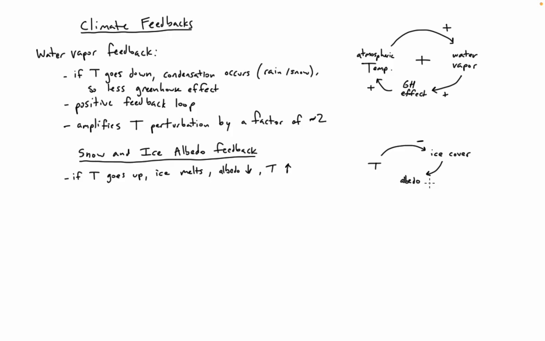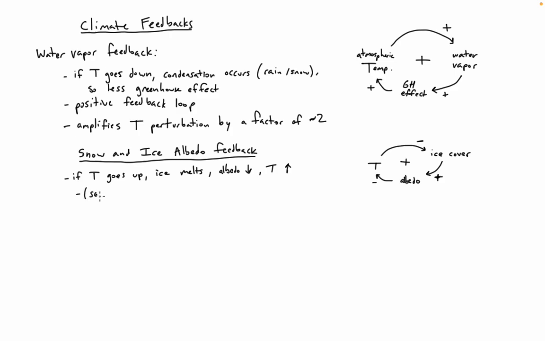Less ice cover, less albedo, right? Less albedo, higher temperature. I screwed this up. Less ice cover, less albedo. That's a positive, right? So altogether, this is a positive feedback.